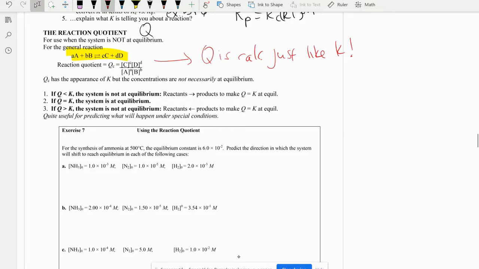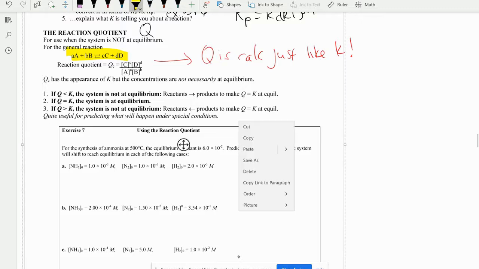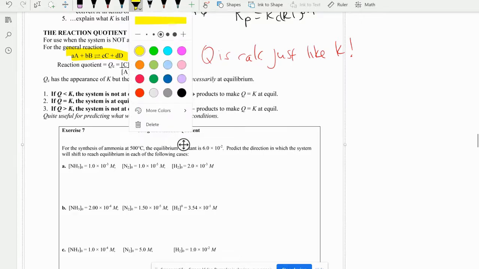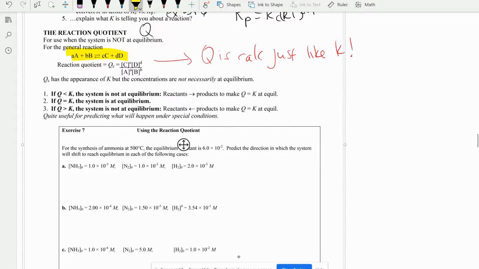Okay, so if you go and take a look, the first possible scenario is that if you calculate Q, and Q ends up being less than K, okay? So you calculate Q, you get the value, it ends up being less than K. So yes, you're going to need to be given K values in these problems as well.